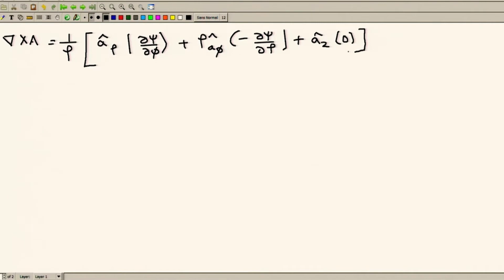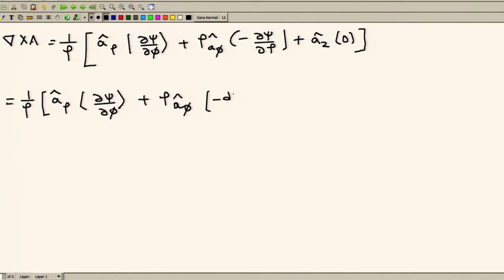Okay. That is, we are left with 1 upon rho, A rho del psi del phi plus rho A phi minus of del psi del rho.